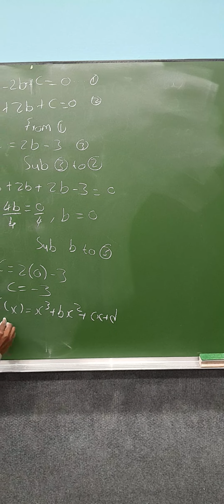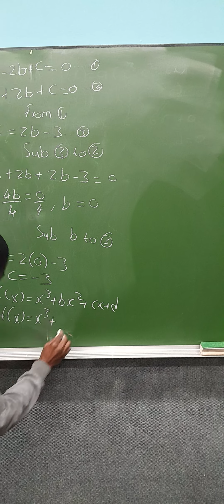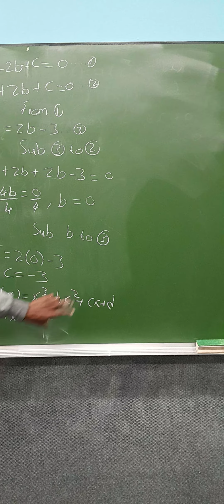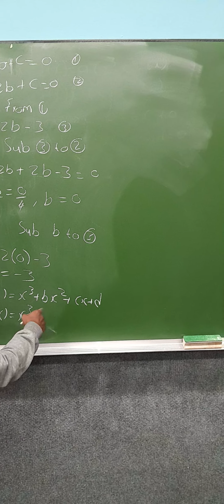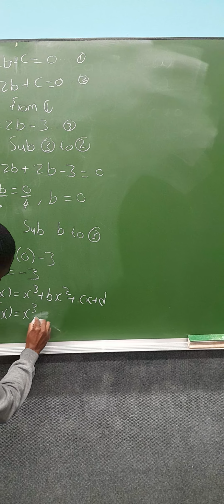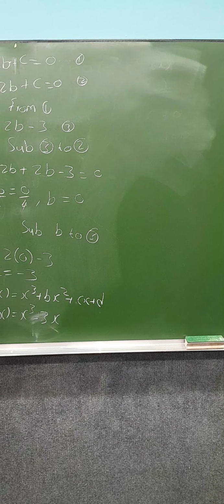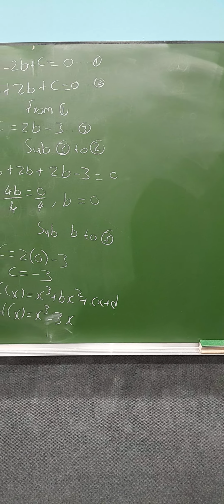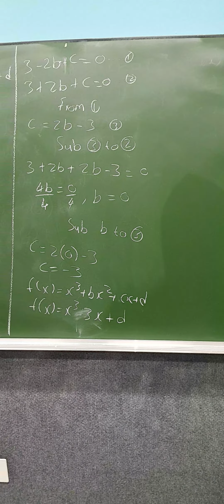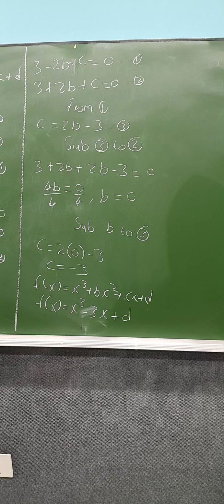So if I take everything back, I'm going to have x cubed plus, b is 0, so that term is going to be cancelled and I'm not going to write it. c is negative 3, so I'm going to have negative 3x. And then d, we didn't find the value of d, so we need to find the value of d. That's the last thing to do.